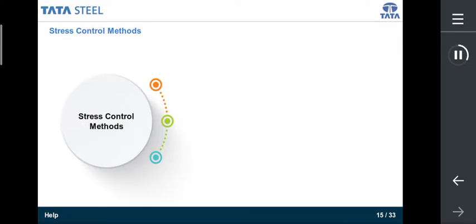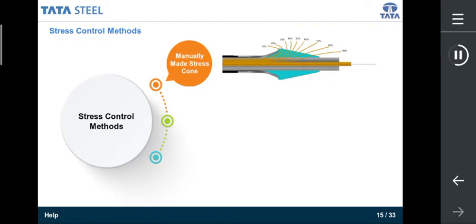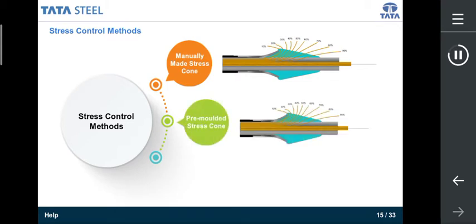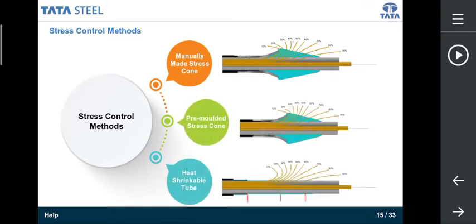The various types of stress control methods are manually made stress cone, pre-molded stress cone, and heat shrinkable tube.